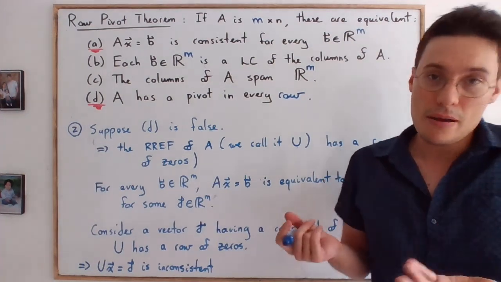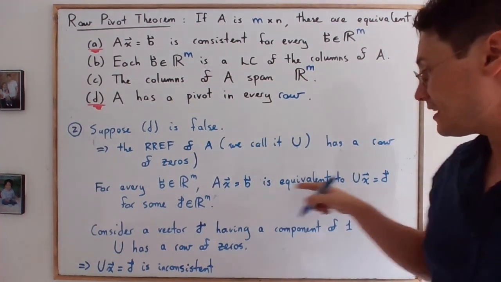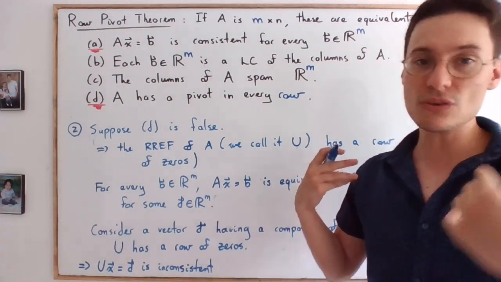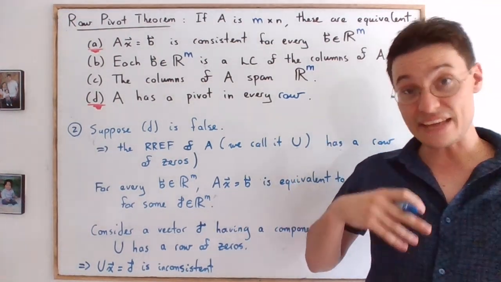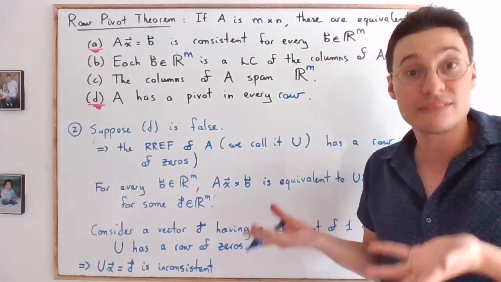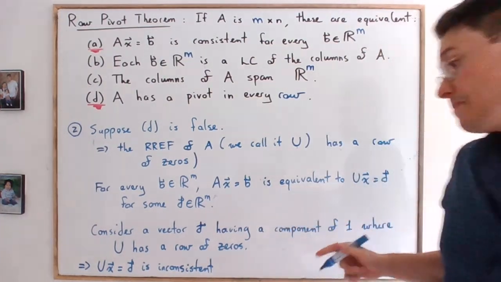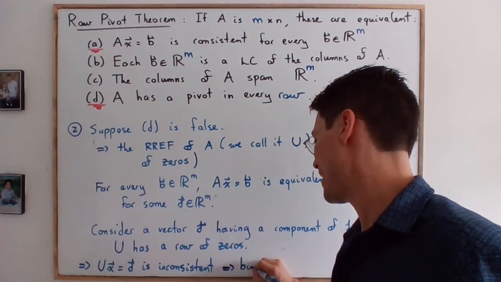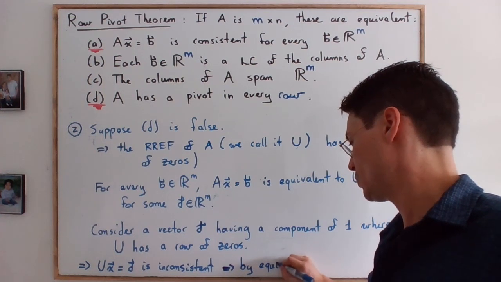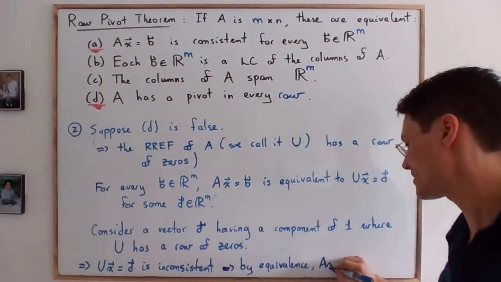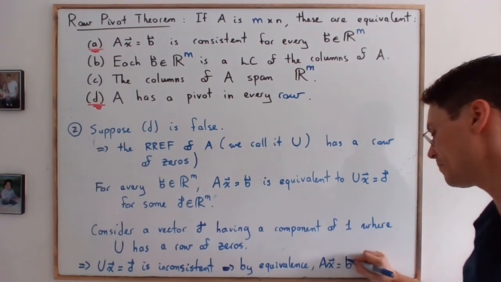And then, basically, by equivalence, it means that the first system is inconsistent because you could actually perform the row operation in the reverse direction and go back to your inconsistent system AX equals B.